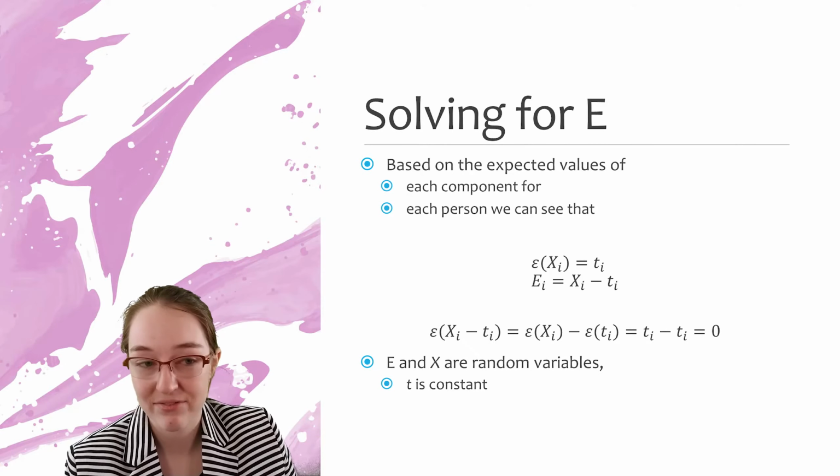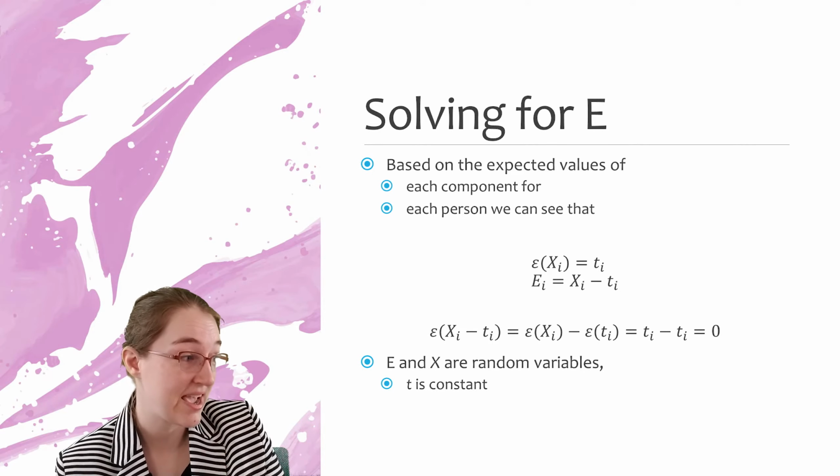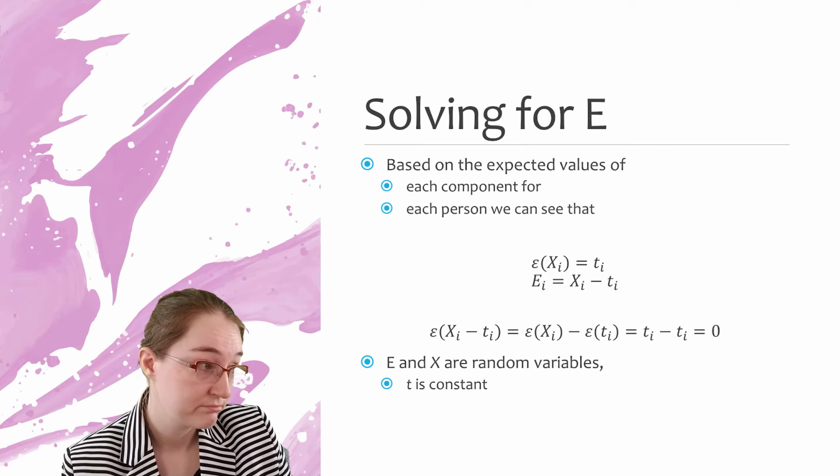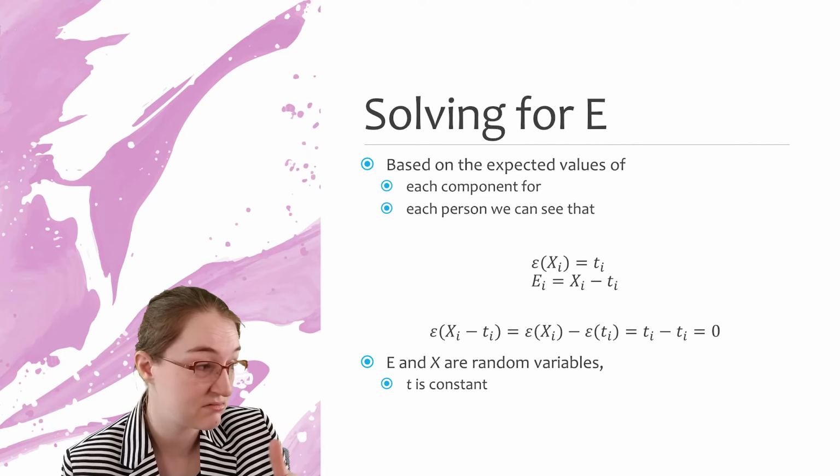But that is on average, and that is theoretical, done not at the individual level but in the aggregate, where E and X are random variables, but T is an actual constant.